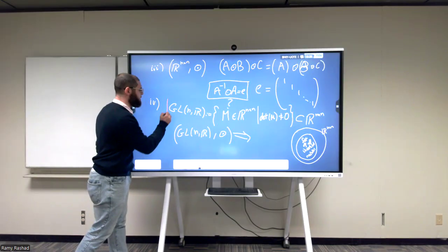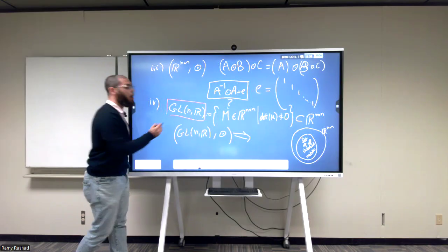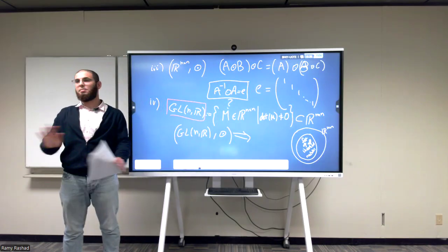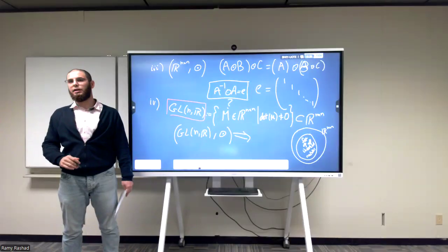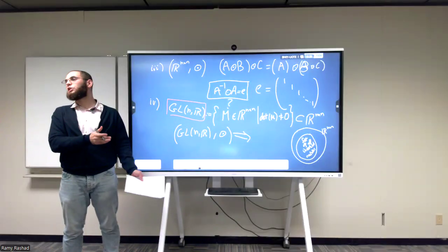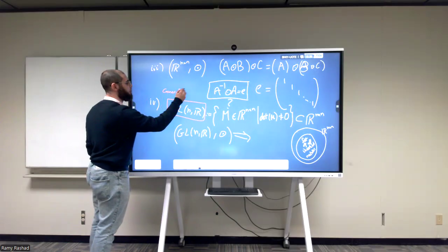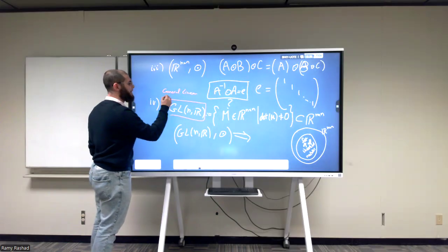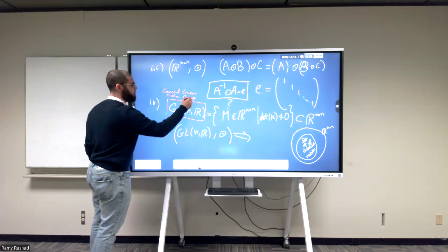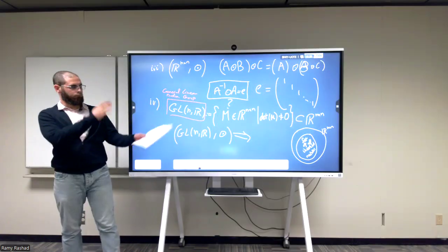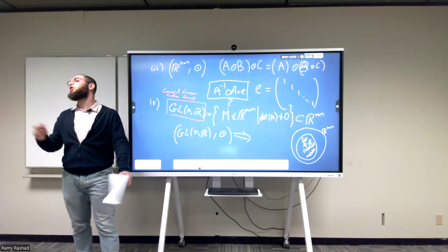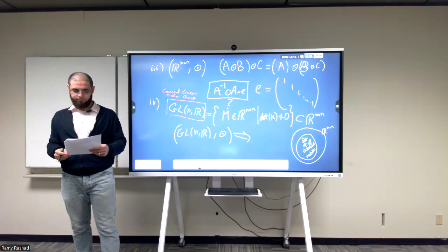We denote it as GL_n(R). This is just the name of it. It doesn't mean anything for you now, but usually this is the standard notation, because it's called the general linear n-dimensional group over R, the real numbers.